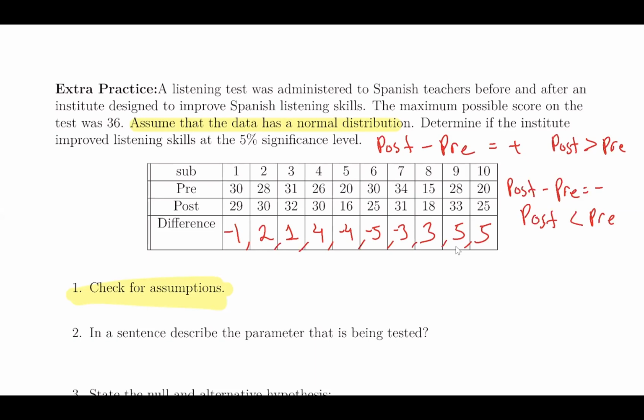All right. So if you look at step 2, it says, in a sentence, describe the parameter that's being tested.